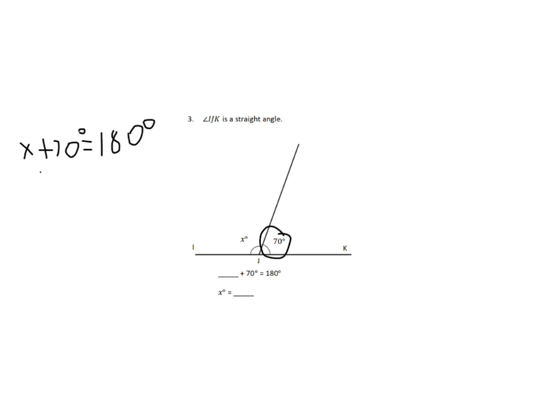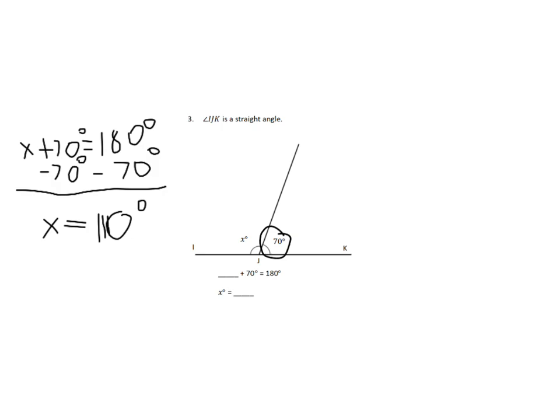So we have to take 70 away from both sides, so minus 70 on this side, minus 70 degrees on this side, and subtract 70 degrees from 180 degrees, and we get that x equals 110 degrees.